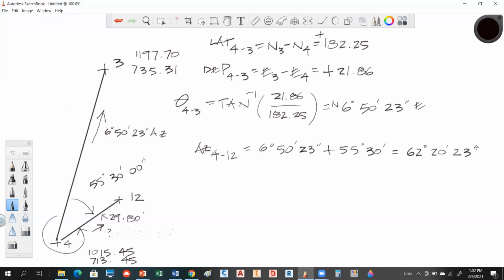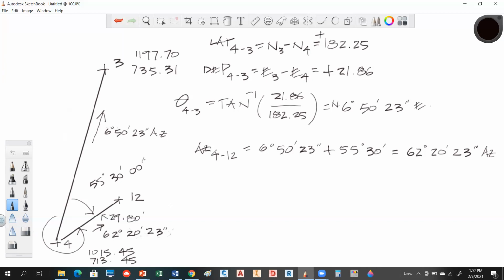Yeah. And that's the azimuth. So that's this guy down here, 62°20'23". Okay?